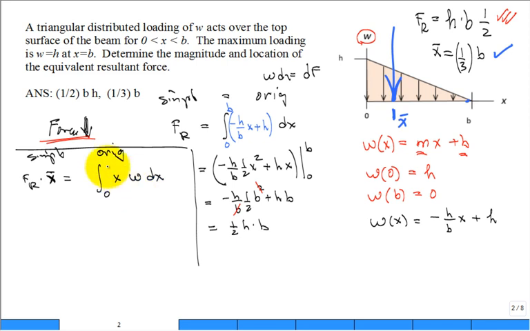And we integrate from 0 to b. Okay, so now we're back to here. So we have to do the integral from 0 to b of x times, and what was our equation for the intensity as a function of x? Negative h over b x plus h, times dx.